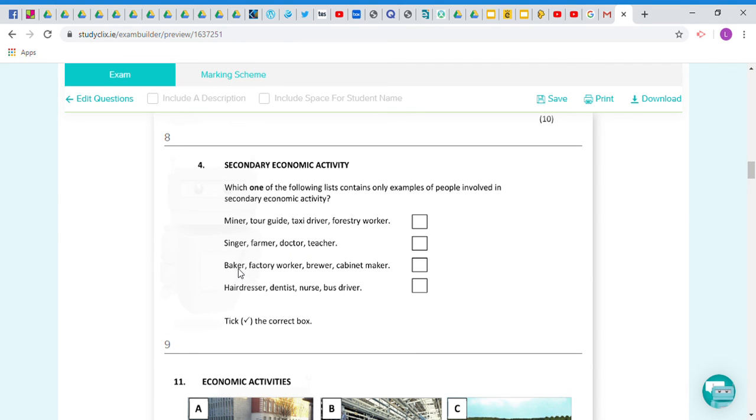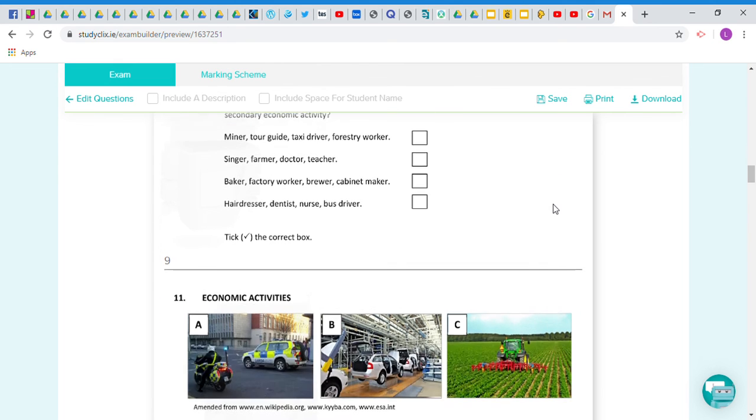Baker is secondary, factory worker is secondary, brewer is secondary, cabinet maker is secondary. So you tick this box, and we'll just finish off the last list. Hairdresser, tertiary, dentist is tertiary, nurse is tertiary, and a bus driver is tertiary.